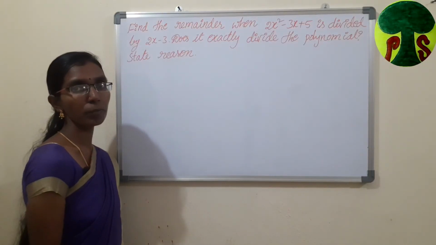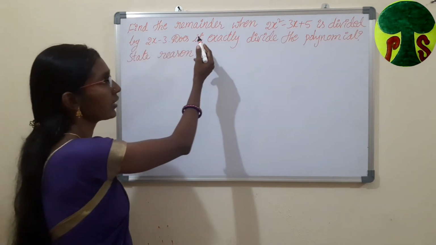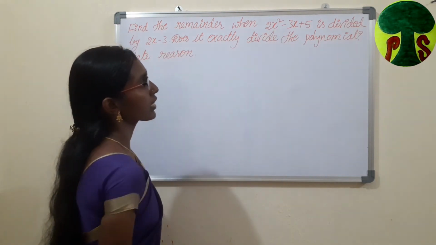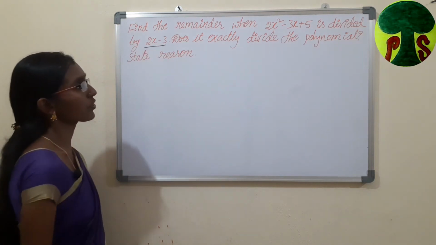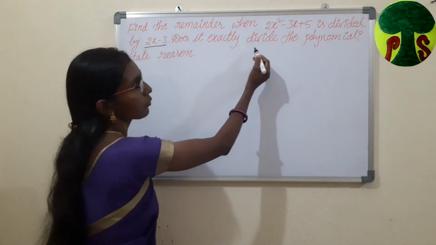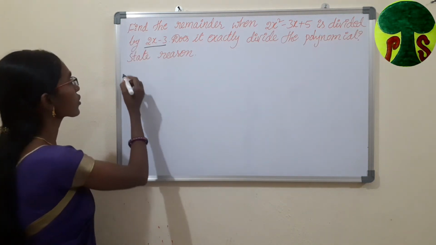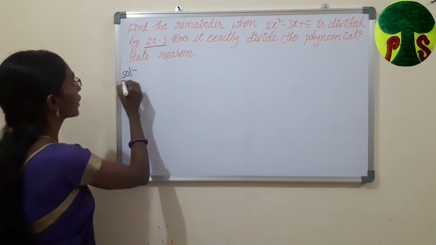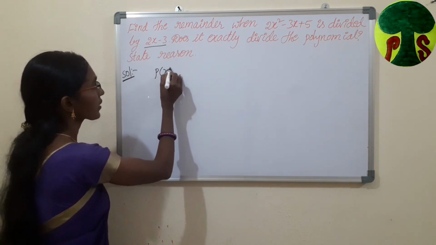Let us consider another problem on the same concept. Here is a question. Find the remainder when 2x square minus 3x plus 5 is divided by 2x minus 3. Does it exactly divide the polynomial? State reason. Here is the solution. Consider the given polynomial as p of x.